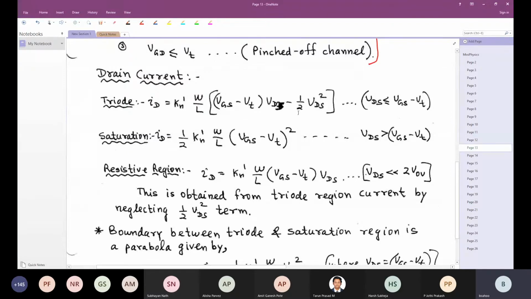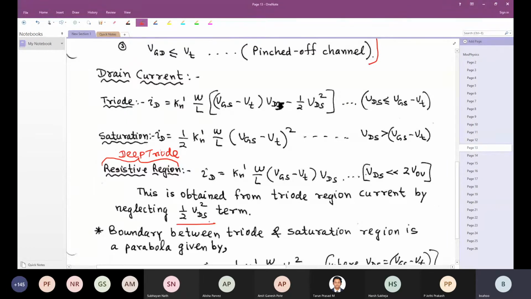When VDS is very small, VDS square can be ignored, then it is called deep triode or resistive region. So resistive region, another name for this is deep triode region. This is obtained by neglecting the half VDS square term.